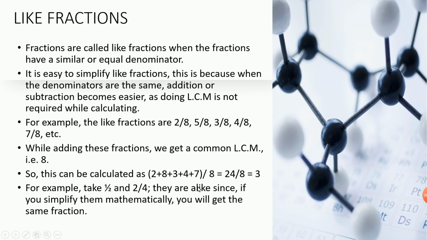So they both are alike. When simplified, they both obtain the same thing. This is also known as like fractions. While adding these fractions, we need not calculate the LCM. Already there will be a common denominator, so we take the denominator as the bottom one, and we need not take the LCM.